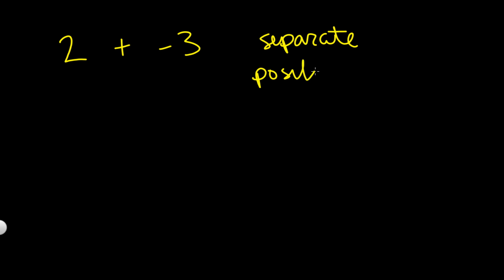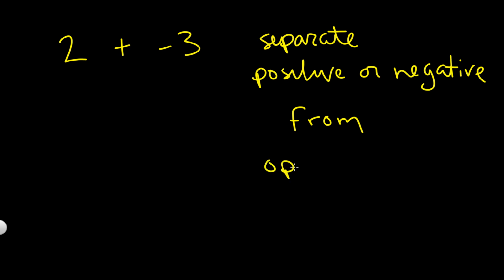But if we just look at the operations, so say 2 plus -3, we want to separate the sign of the number, so either the positive or the negative sign, from the operation. And by operation, what I mean is add, subtract, multiply, or divide.